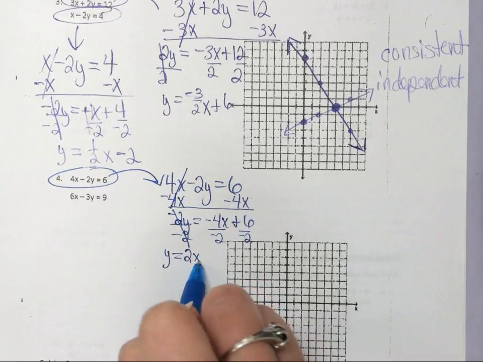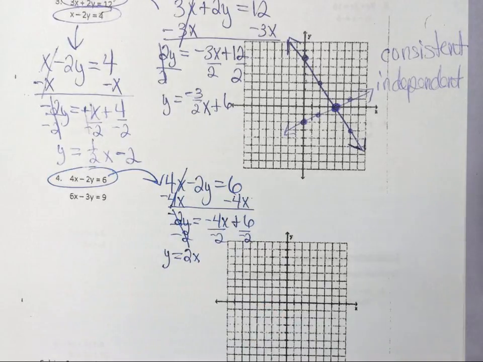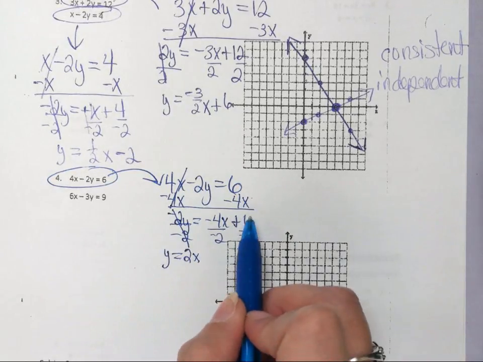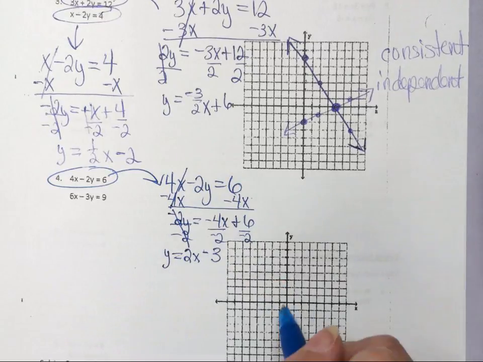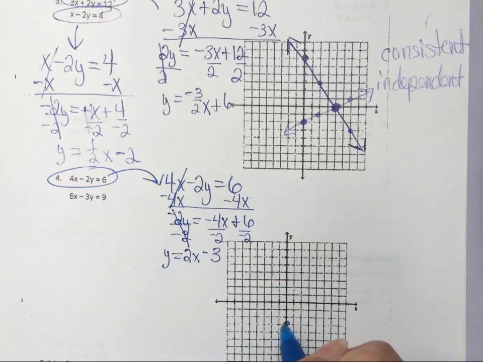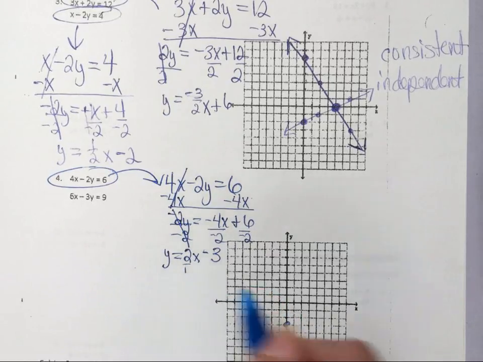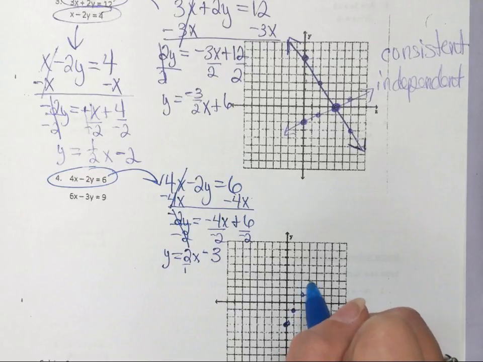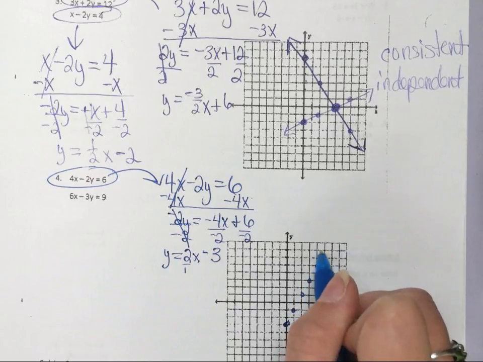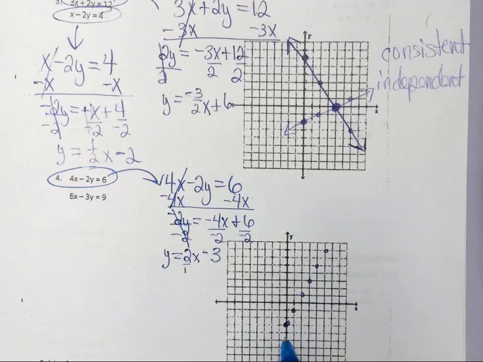Positive 2. Alright, Michael, what's 6 divided by negative 2? Negative 3, perfect. So I'm going to go down 3. What's my slope? 2 over what? 1. So I'm going to go up 2 and right 1. Make it pretty big. Or I can go down 2 and left 1.